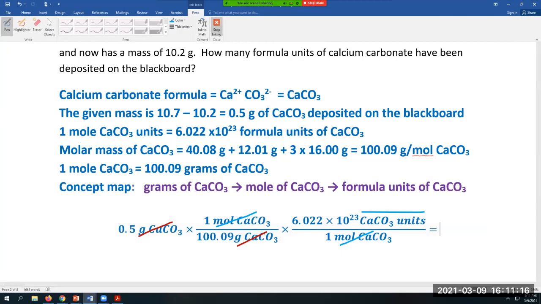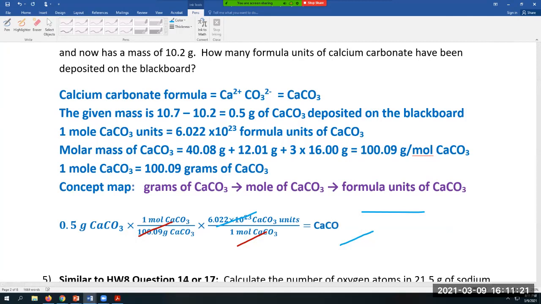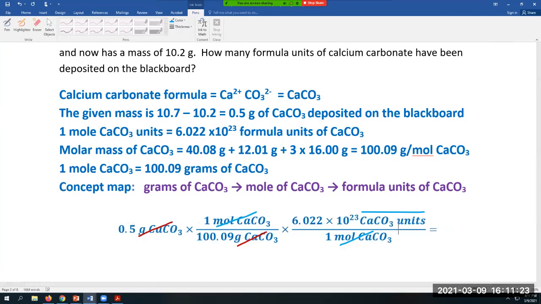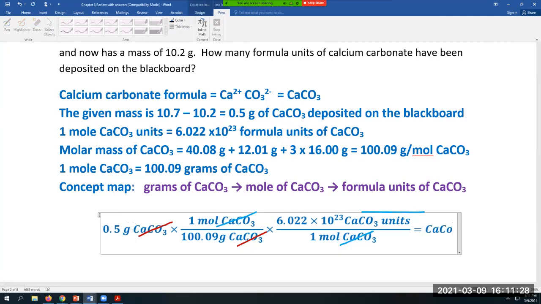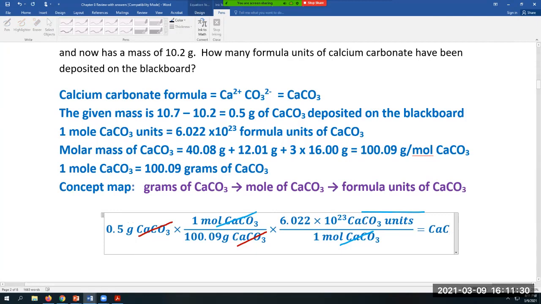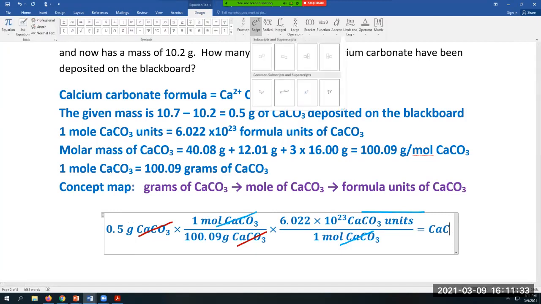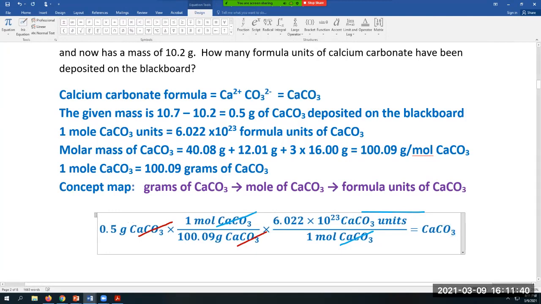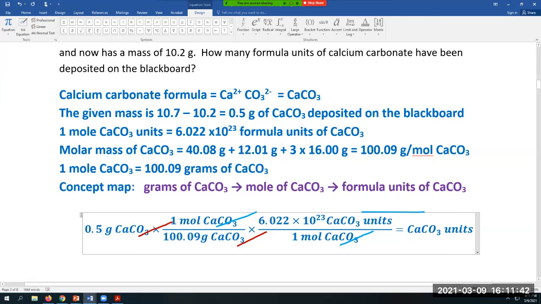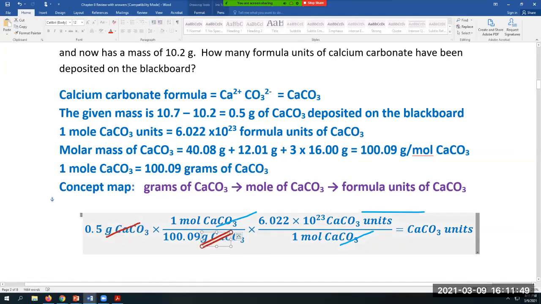So let's write CaCO3 units. So that's going to be the unit left over, right? Once you have canceled the grams and the moles of CaCO3.